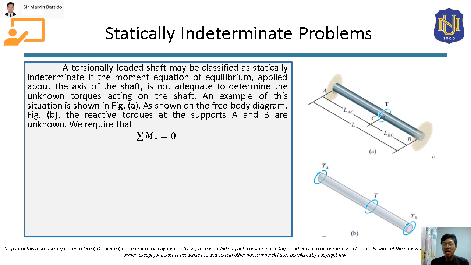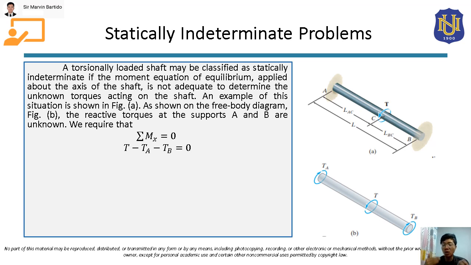Our sign convention here is positive for counterclockwise rotation and negative for clockwise. So in this case, T will be positive minus TA minus TB, since both TA and TB are negative as we assume them as clockwise. This will be equal to 0. Take note, class, that there will be two unknowns here, TA and TB.